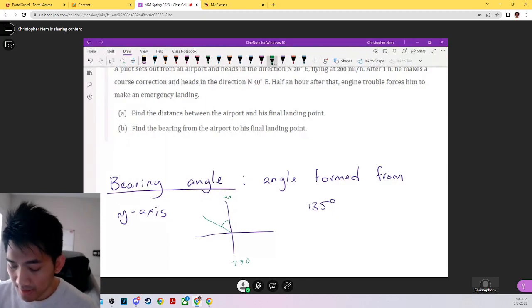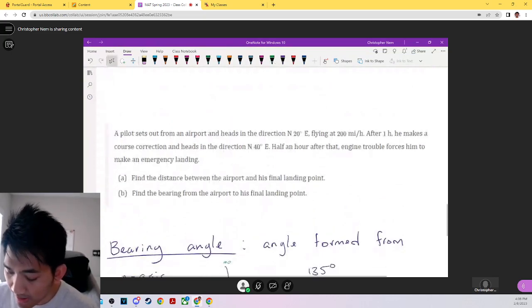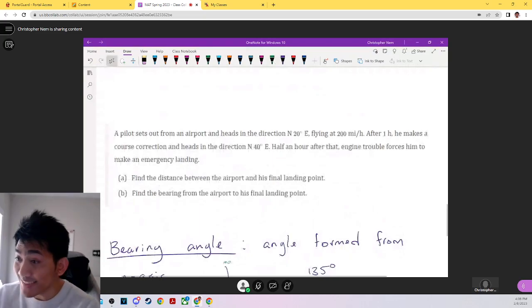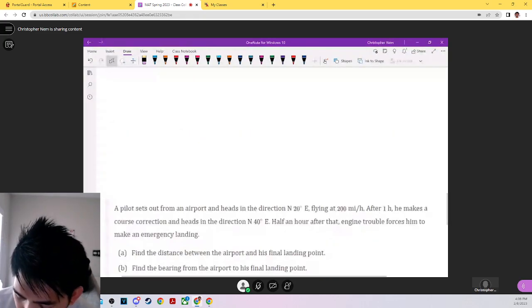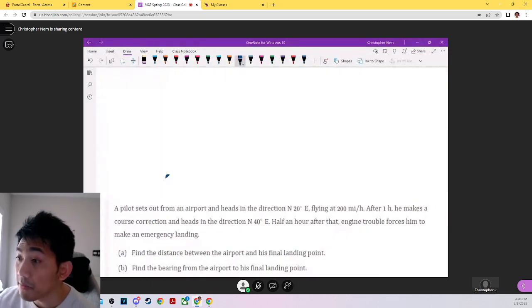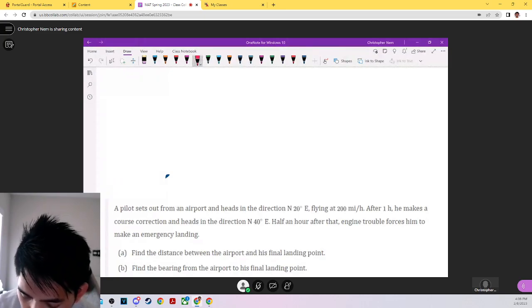That's very important. Now in this problem right here, we have to draw it out. I'm going to put it up here so you can see it at the same time. Let's start off with the plane. It's right here. This is the starting point. Now I'm going northeast 20 degrees. That's a bearing angle in particular.